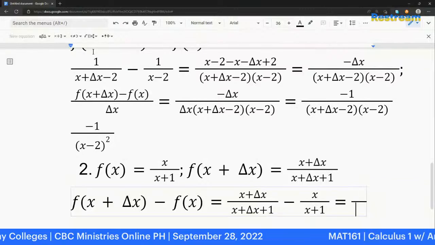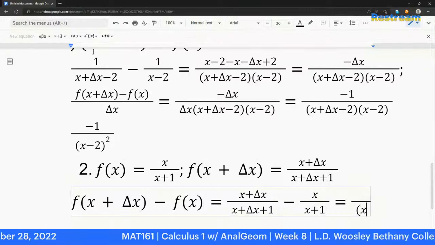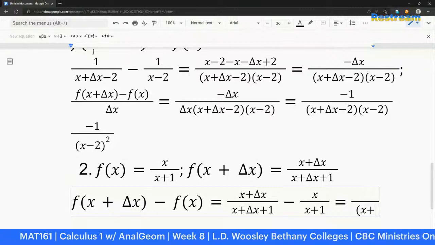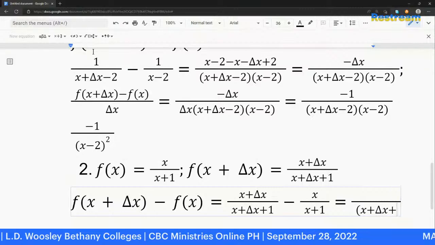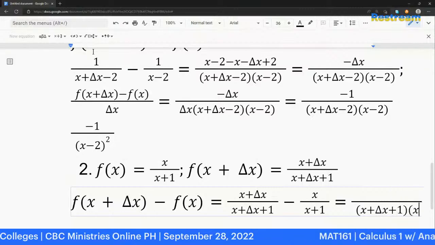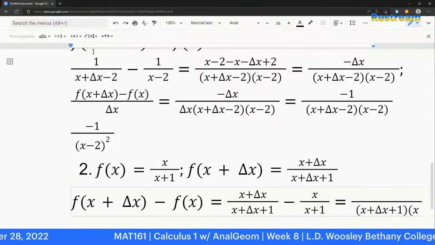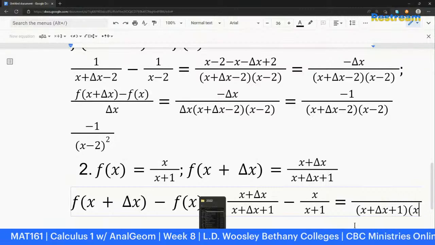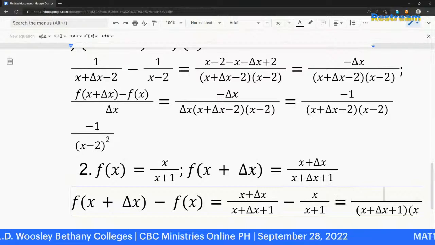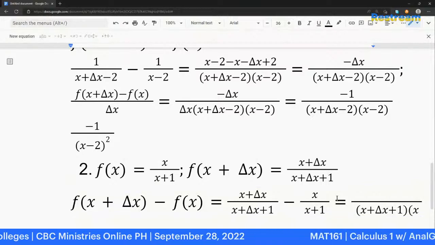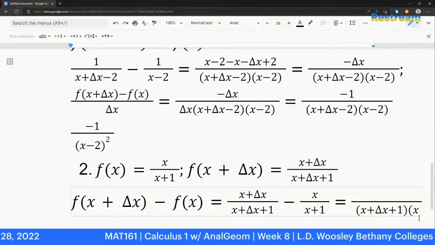Tapos, okay lang po ba sir kung kinumbine siya? Kinumbine ko po kasi. Hindi, i-combine mo talaga. I-combine mo. Okay po, okay po. I-combine mo talaga. Kasi, yun naman talaga eh. I-combine mo siya. Parang di mo.